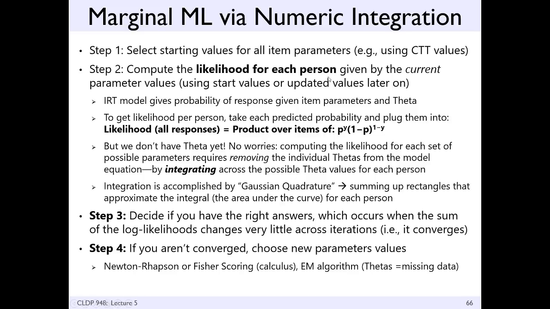So whereas we know what our current best guess is for what the A's and B's are, we don't know what each person's theta is. There's no way we can know that. So this process of adaptive Gaussian quadrature or numeric integration requires trying on thetas for people.